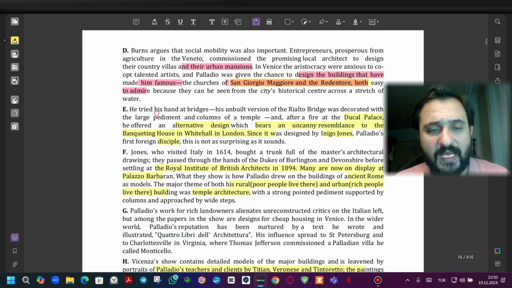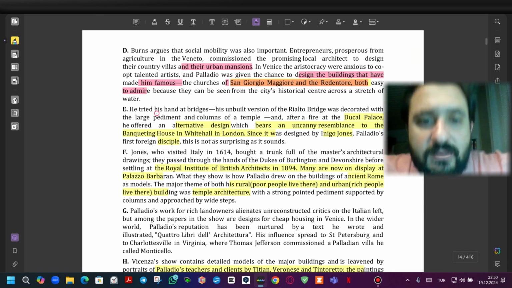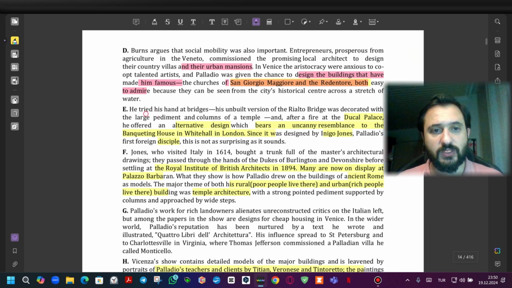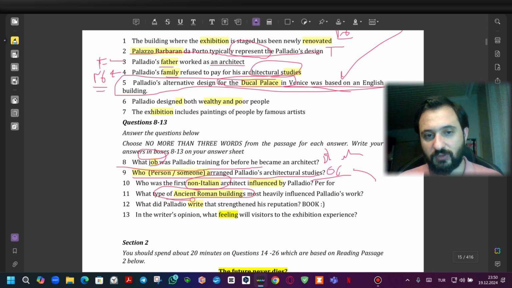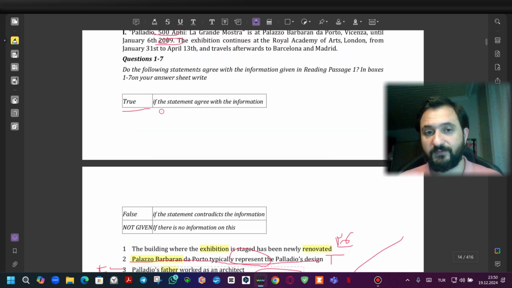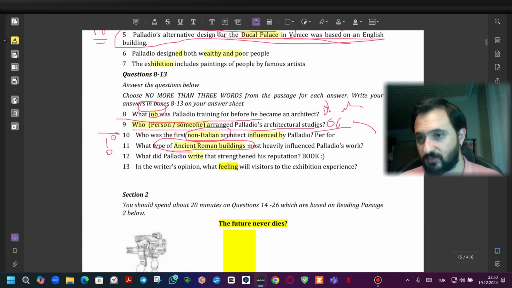He tried his hand at bricks, and his unbuilt version of the Rialto Bridge was decorated with the large pediment and columns of a temple. What I said to you, come here. Ancient Roman building. Be careful. I found one name. If I cannot find the answer for 9, directly I will go with 11. But it is impossible because I have to find the answer. I just have to keep it in my mind.